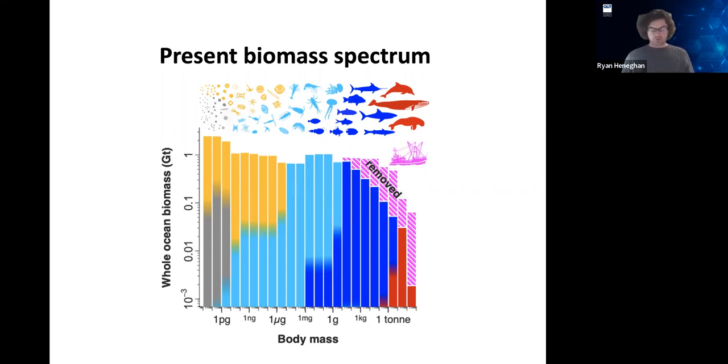As far as we know, compared to the magnitude of the loss in the upper trophic levels in terms of biomass and production, there hasn't been the same change. There's a lot of uncertainty here as well, but the change in global net primary production is a lot smaller compared to the size of what we've removed.